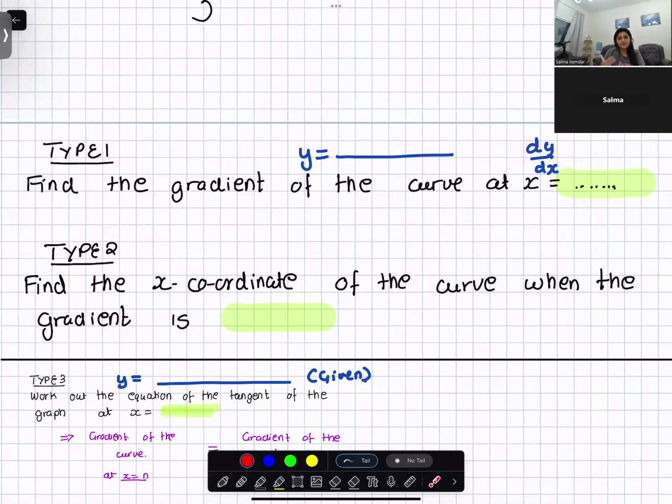The second type of sum is they will ask you to find the x coordinate of the curve when the gradient is given. If the gradient is given, that means they will give you dy by dx is equal to something, and now you just have to find the x coordinate by solving the equation.